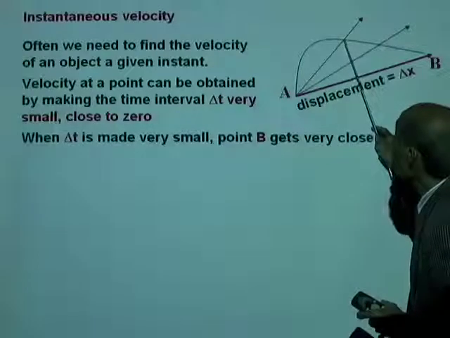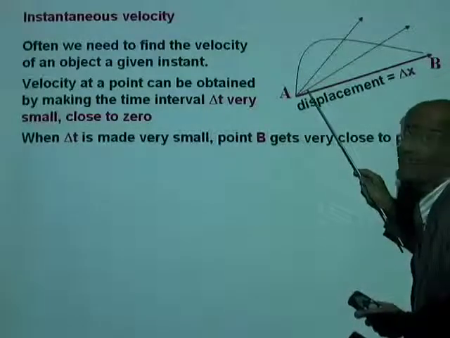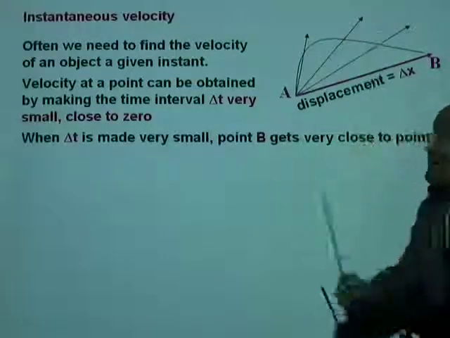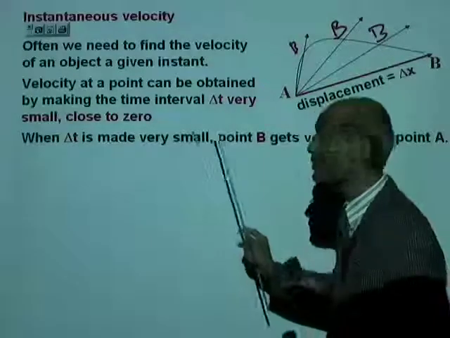If B is over there, the time interval is even shorter. Let me write down those points. Suppose this is my point B. What I'm doing is making the time interval shorter and shorter.